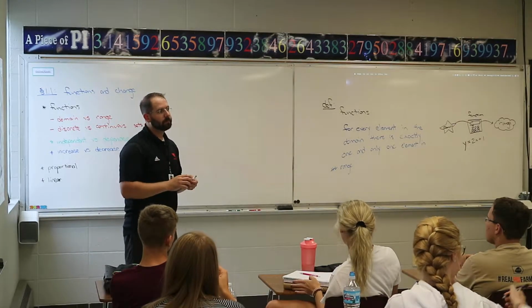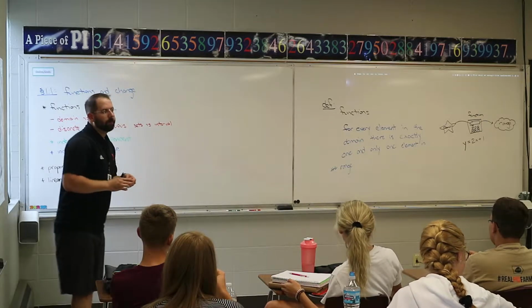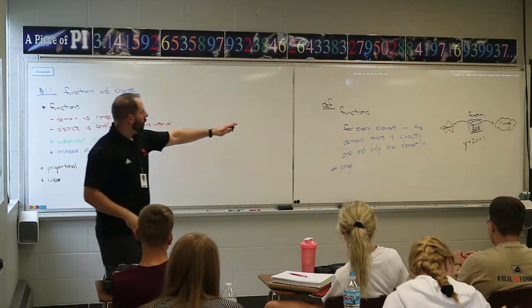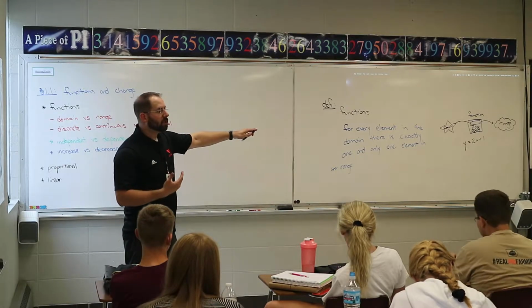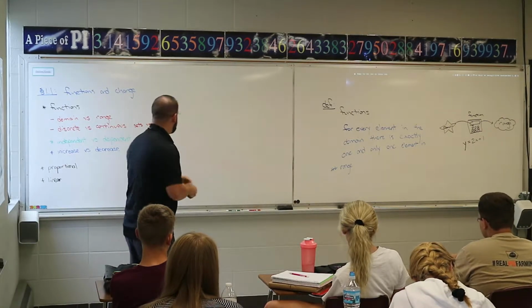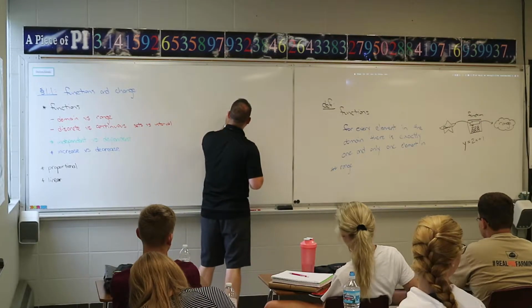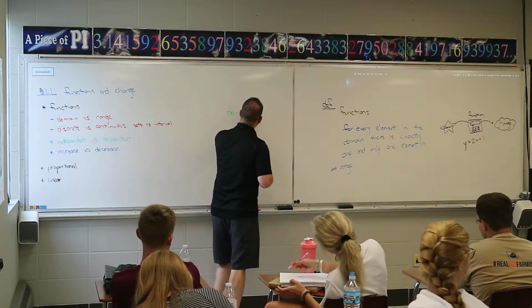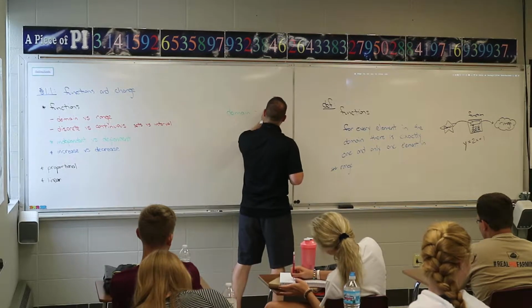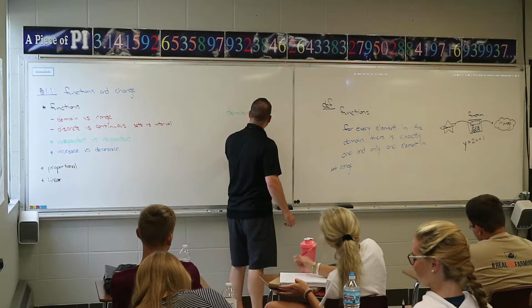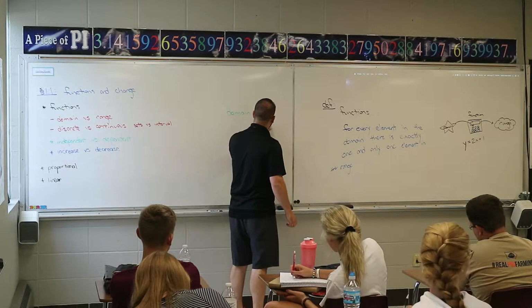So, okay, now, domain and range. I've already put them on the board. I've talked about the words in the definition. Domain are the numbers you enter. So, let's write this down. Domain is the input. It's the thing you're in control of. So really, this is the independent variable.